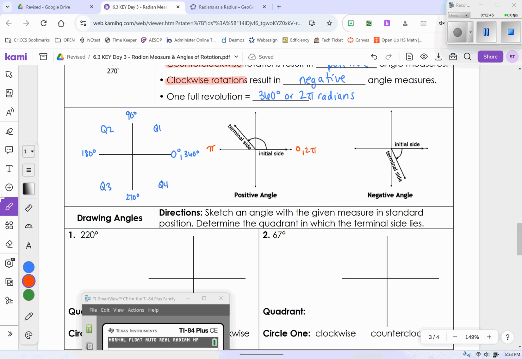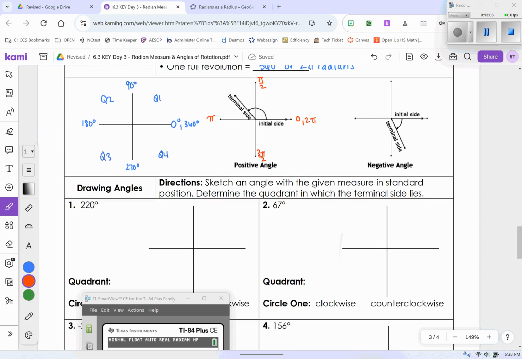If we take pi and half that again, 90 degrees would be pi over 2 radians. So 0 to pi over 2, another pi over 2 is pi. Add another pi over 2 to pi, and you get 3 pi over 2, the conversion for 270 degrees, and all the way around is 2 pi. We can also do this in the negative direction, which we'll do in some of the examples.